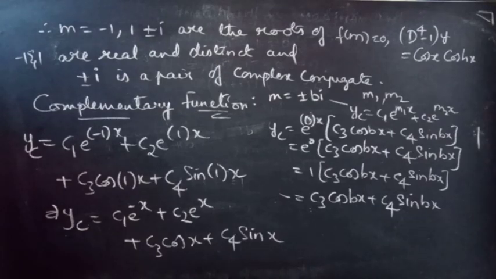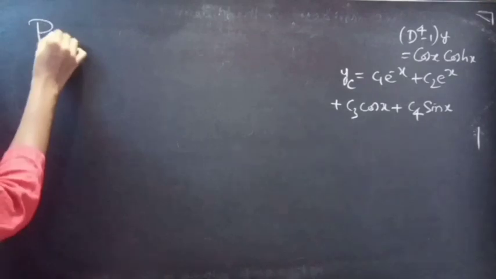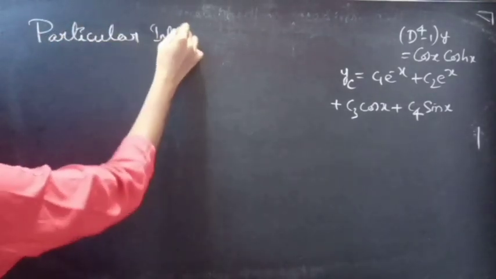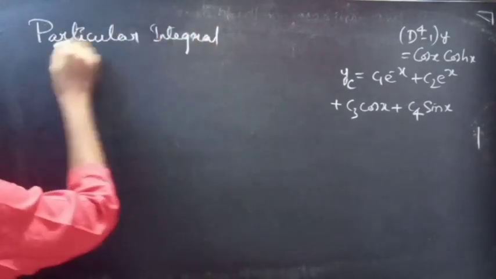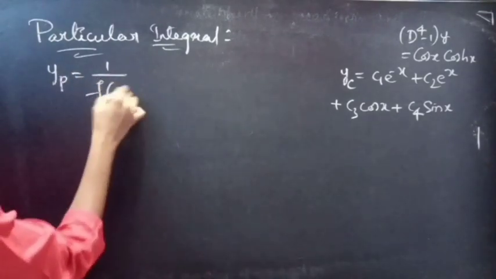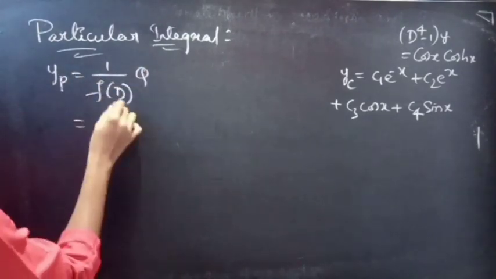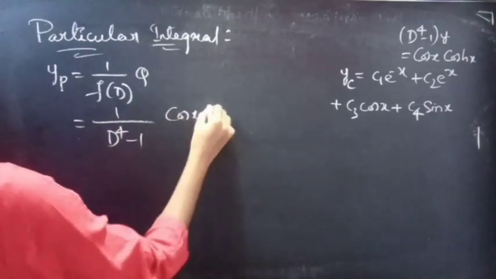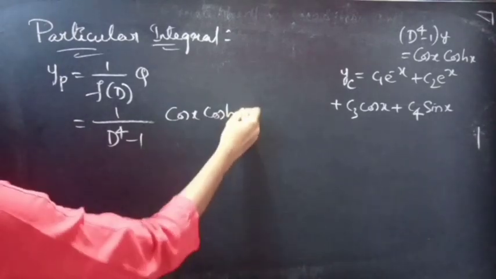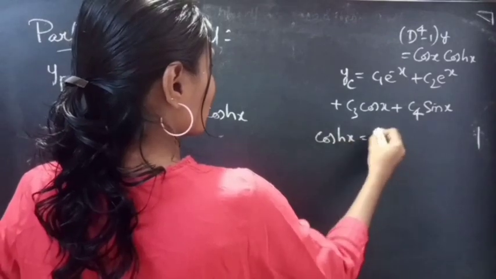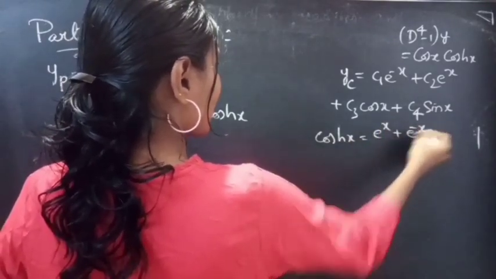Let's find yp, the particular integral, using 1 by f of d into q. We have f of d and q, where f of d is d power 4 minus 1 and q is cos x into cosh x. We know that cosh x equals e power x plus e power minus x by 2.